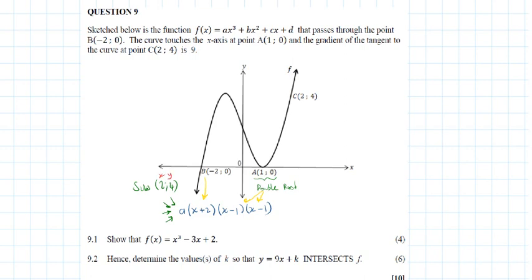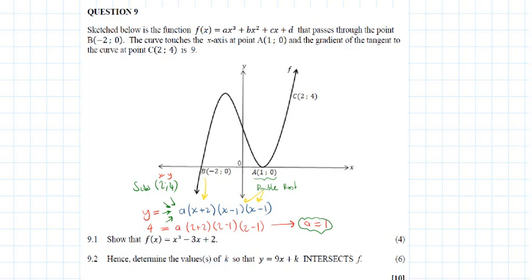So when I make the substitution, we will write 4 is equal to a times 2 plus 2, then 2 minus 1, and then 2 minus 1. From here we will get a, so a is going to be 1. After you find a, we can just plug into the function, open the brackets, and get whatever the answer is.